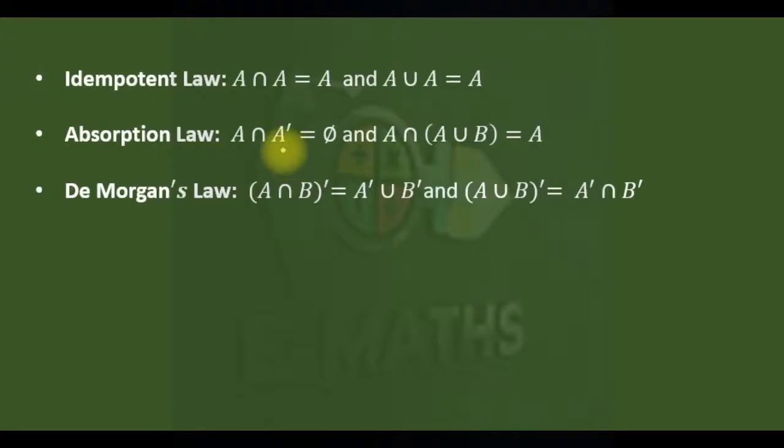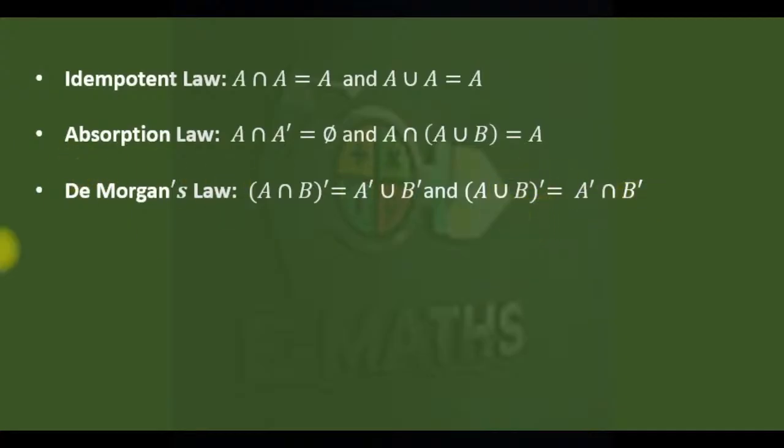The same thing, A intersection A union B: A union B is just combining A and B, so what is common in both will be A. That's why it's A. So that's absorption law. Why De Morgan's law? A intersection B, prime is the same as assigning the prime to both, but you now change intersection to union. Likewise, union here you change to intersection. So that is our De Morgan's law.